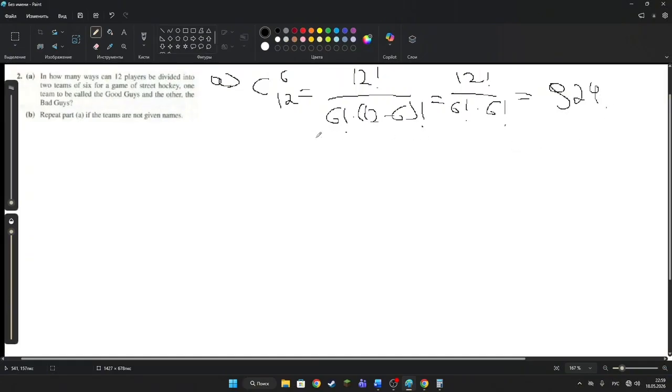Then the left 6 people automatically join the bad guys, and the ways to choose there is C(6, 6), and it's just 1. So 924 multiplied by 1 is 924, the answer for the A case.